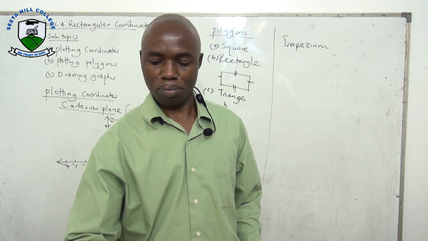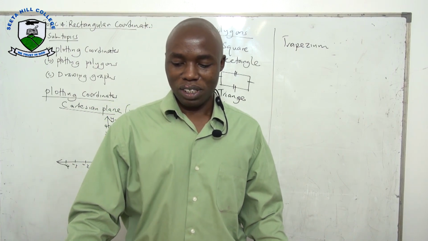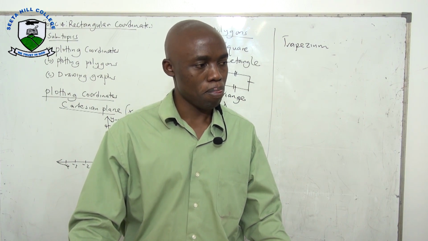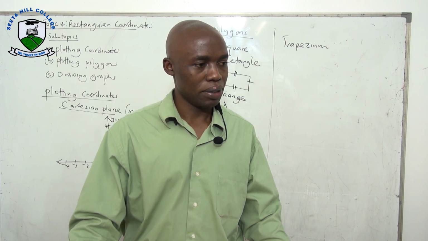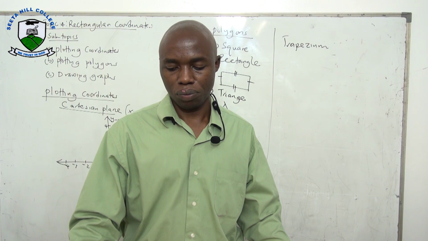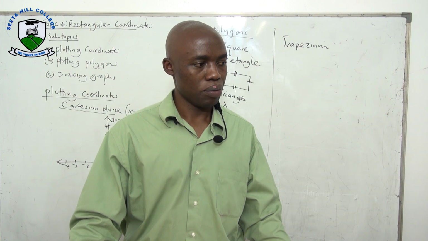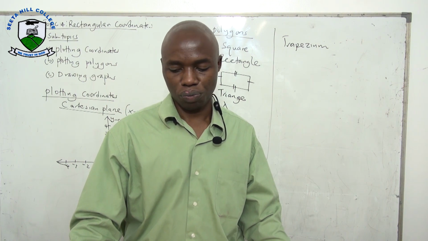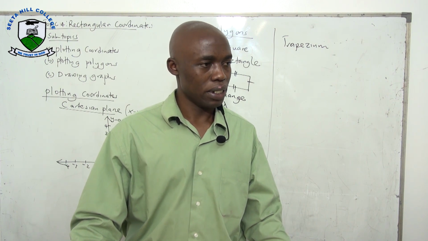Are you ready to plot? Plot the following coordinates on a Cartesian plane. A (1, 1), B (2, 4), C (4, 4).